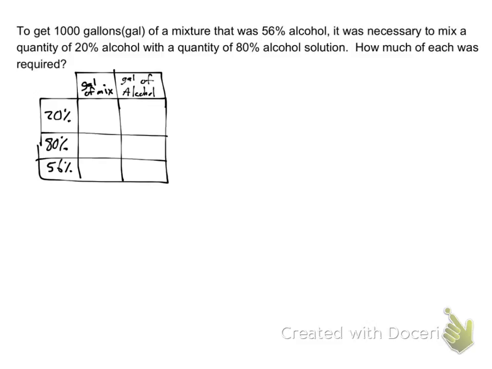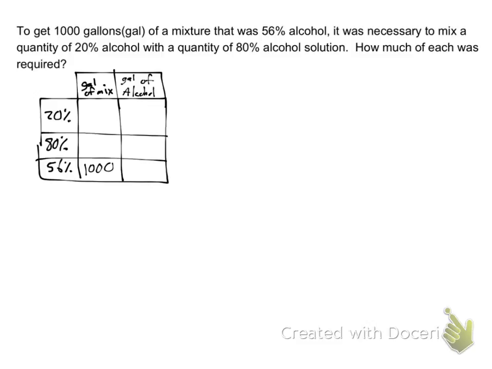So now you start to say, okay, I got my labels. Do I know any of these pieces of information? What other number am I not using yet? 1,000. 1,000 gallons of what? Mixture. Of what percent? 56. So 1,000 goes on the bottom. Here's a cool thing. There's a 56% alcohol mixture of 1,000 gallons.